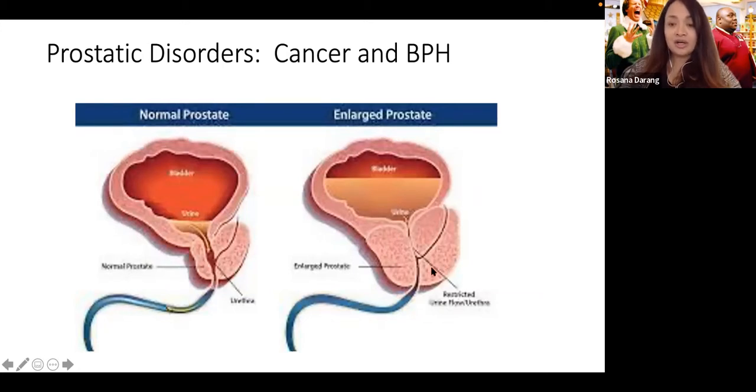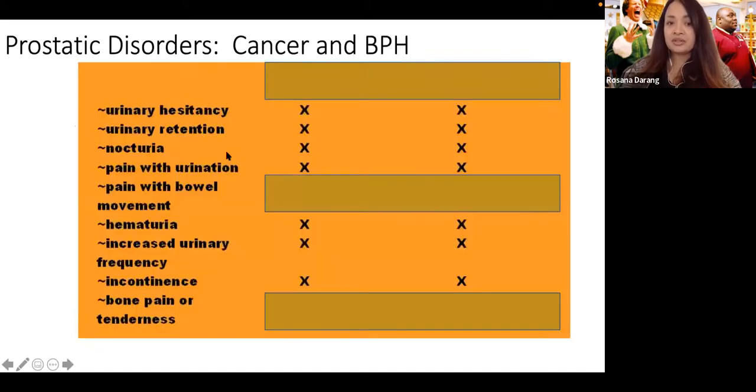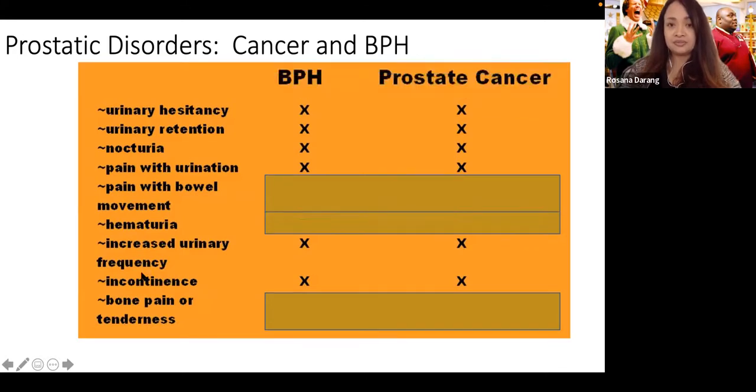So when it's enlarged, when it's cancerous, it's squeezing on the first part of the urethra. So signs and symptoms are urinary. There's retention, there's hesitancy, there's dysuria, there's nocturia, waking up at night, there's blood in the pee, incontinence, and frequency for either, okay, BPH or prostate cancer.